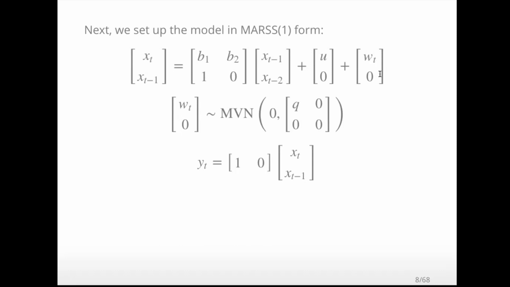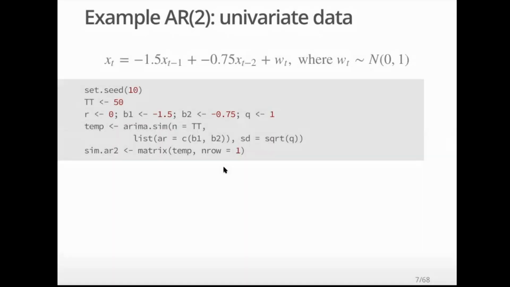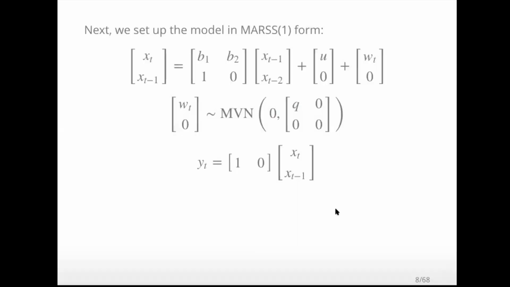And then this bottom one is just tracking so that we can get our xt minus 1 over there. So we just need a 1 here. Everything else is 0. What do our errors look like? We're going to have our q there, and then this is going to be 0. What does our observation look like? It's just an observation of this. So that's our data. And then we have our z is going to be 1. So we have now recreated that equation there as a MARSS model, and we can fit that.